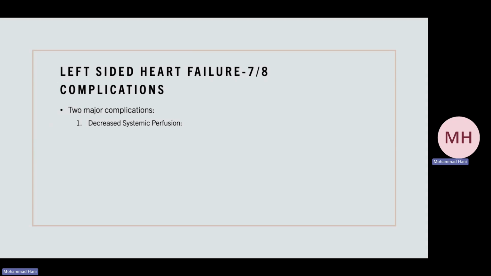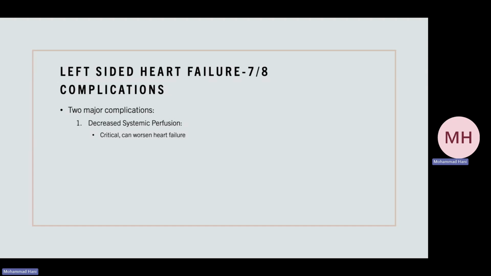Most important over here is the kidneys. The brain is also an important organ, but for that to happen, your cardiac output needs to decrease quite substantially for oxygen delivery to be very low. But the main thing is the kidneys.